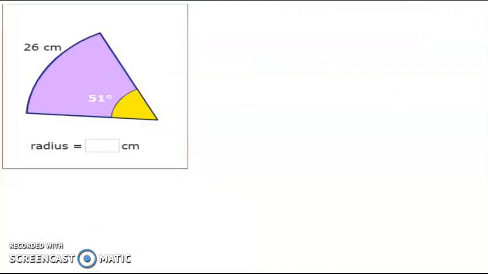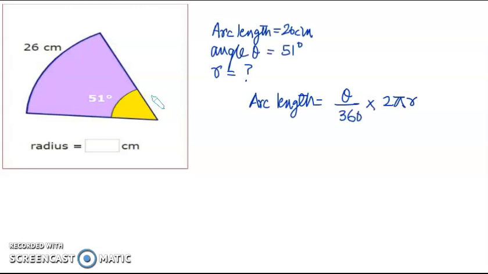So today's question is, you can see this is the arc length, here given is 26 centimeter. Angle theta is equal to 51 degree and we have to find this radius.